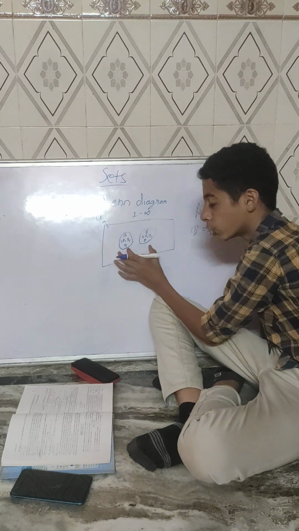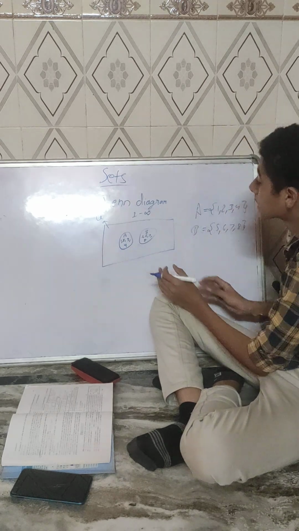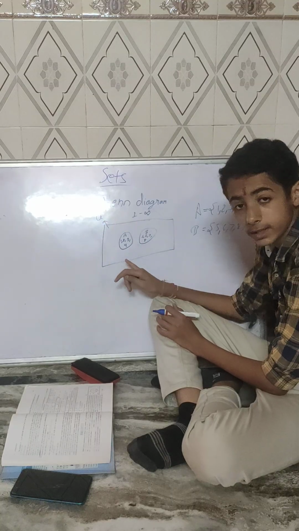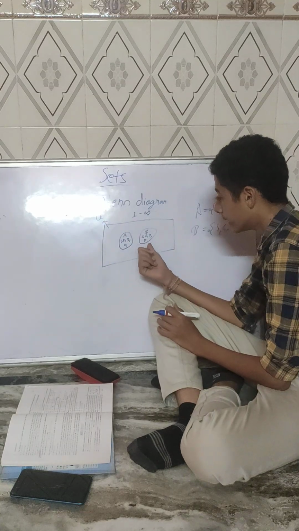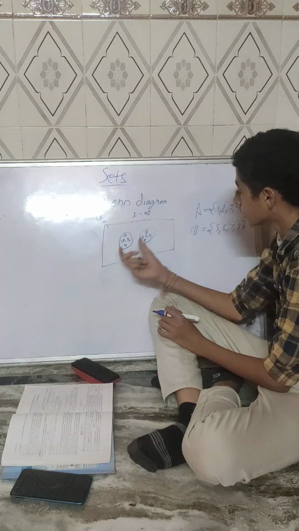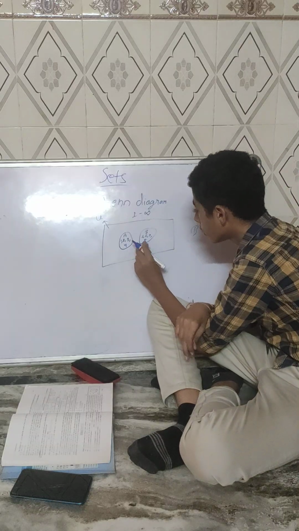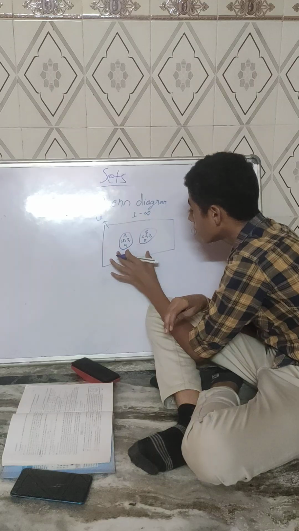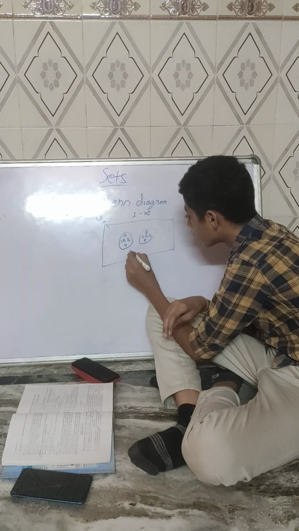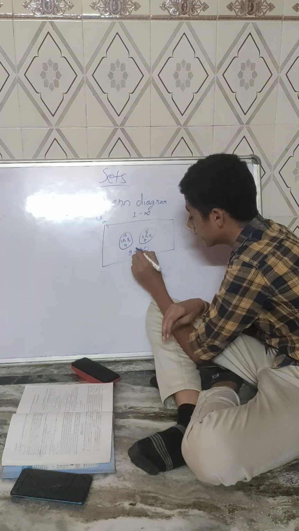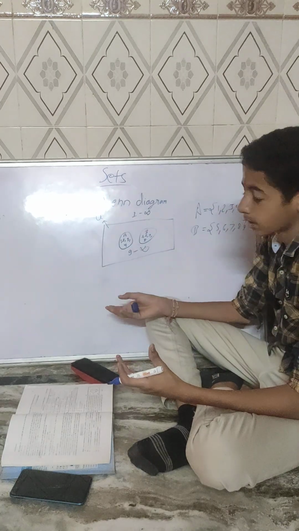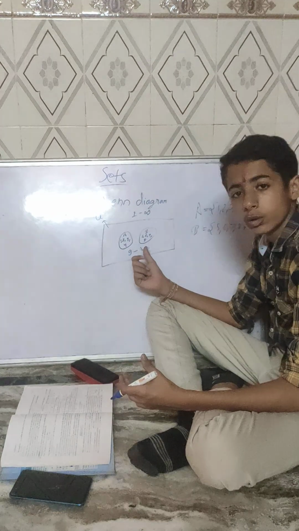These two are subsets of the universal set, and we represent them by circles. After 8 it is still infinity, so the rest of the place that is left, outside of those circles, will be considered as 9 to infinity.